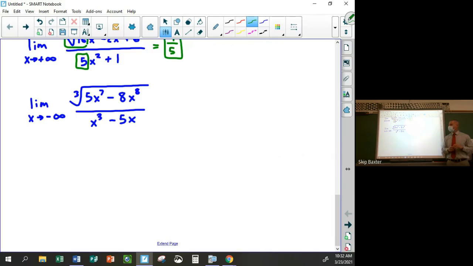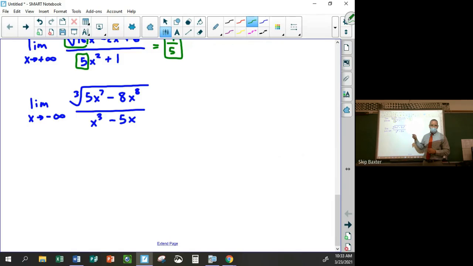It's not 2. No. 8/3. Because the highest power that appears under the radical is 8, but the cube root is really a 1/3 power. When you think of the cube root of x to the 8th, it's really x to the 8/3 power. So the highest power of x on the top is 8/3.